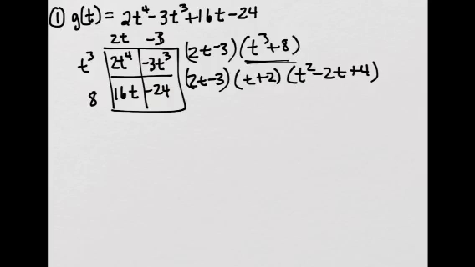Okay, so t cubed plus 8 becomes this. Now this factor right here gives you imaginary numbers. It doesn't factor anymore, so we're going to have to use quadratic formula.